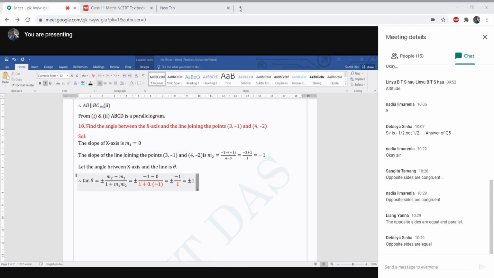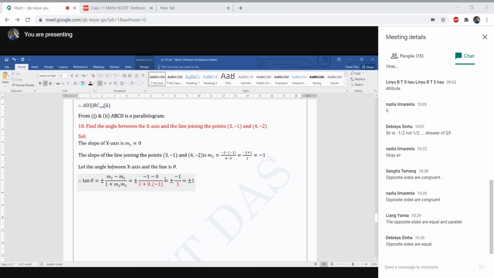So if tan theta is plus minus 1, what will be the value of theta? Here we use only plus because the line is making an angle with the positive x-axis.